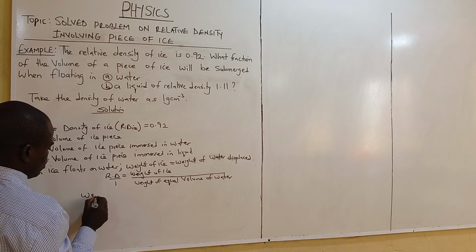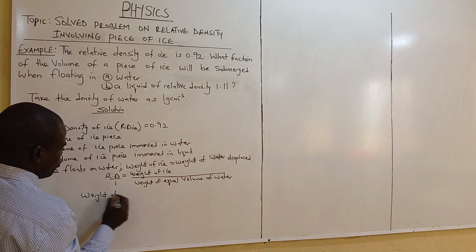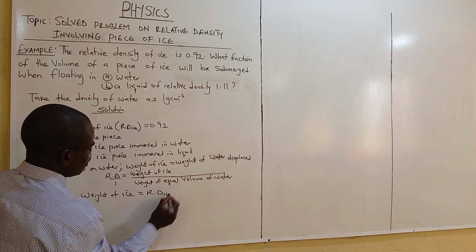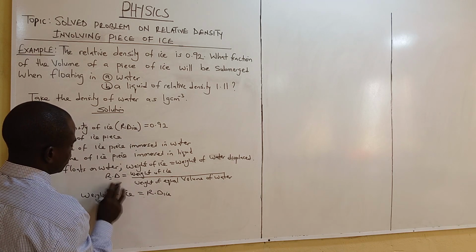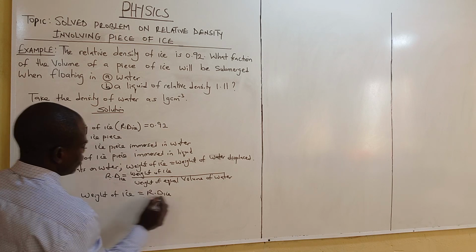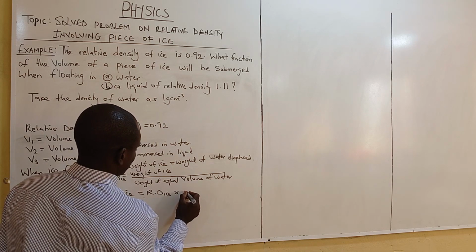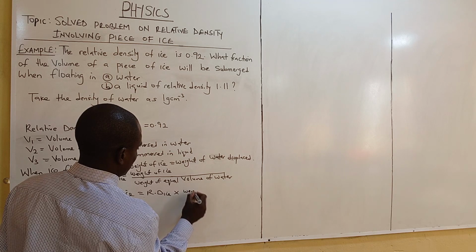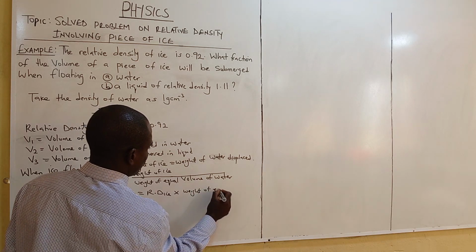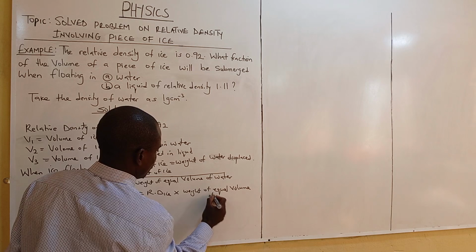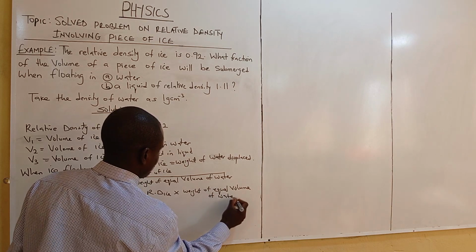Now if you are looking for weight of the ice, since you are equating to this, weight of ice equals relative density of the ice multiplied by weight of equal volume of water.